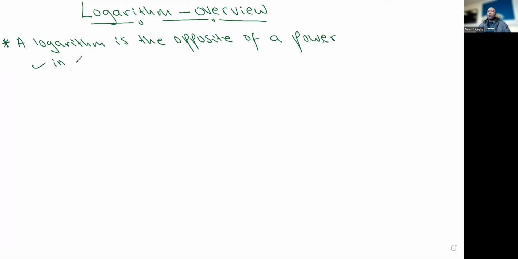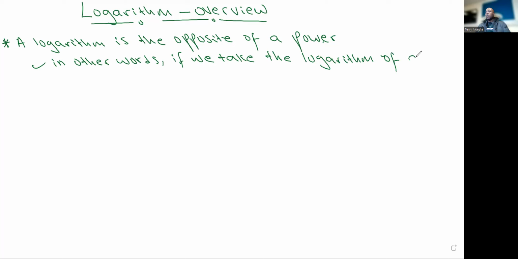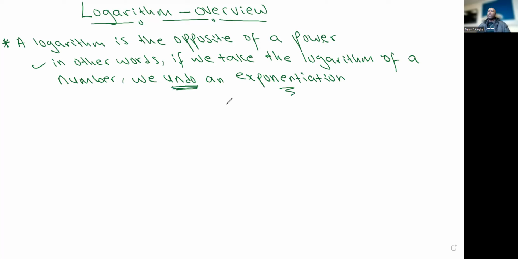In other words, if we take the logarithm of a number, we basically undo an exponentiation.